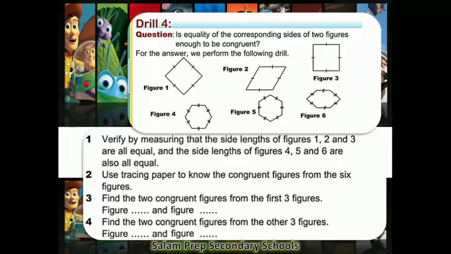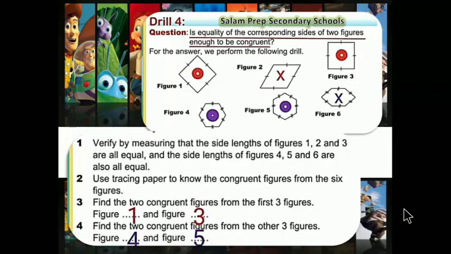Which two figures are congruent? Excellent. Figure 1 is congruent to Figure 3 because they have the same side length. Find the two congruent figures from the other 3 figures.